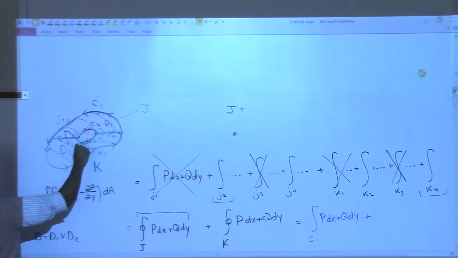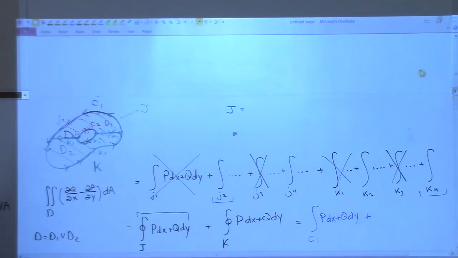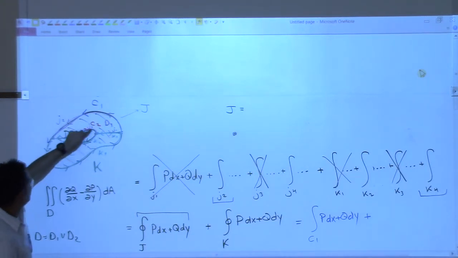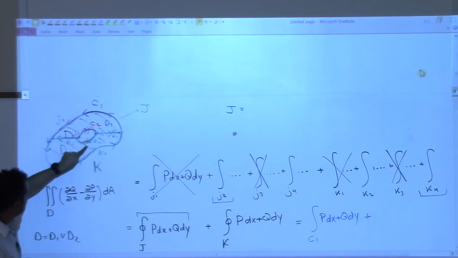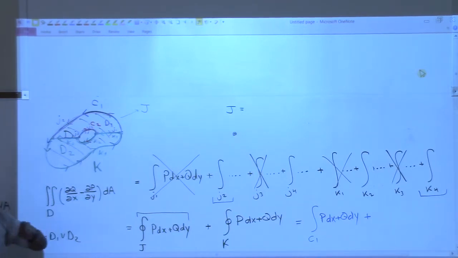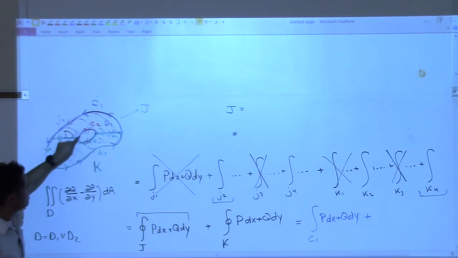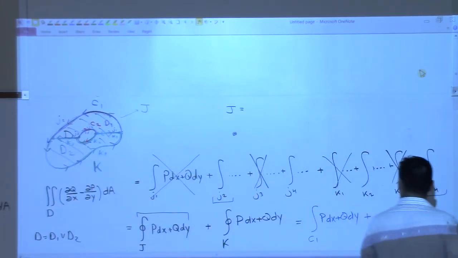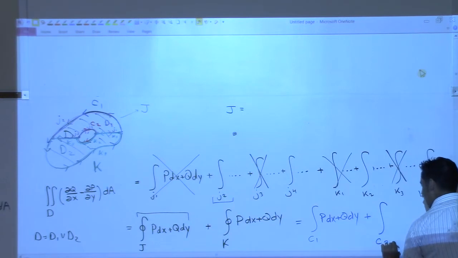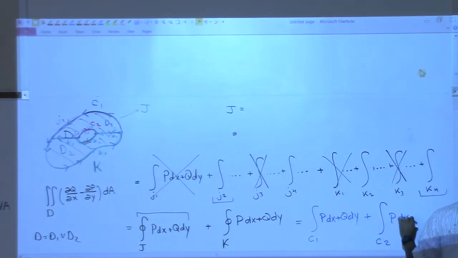J4 along with K2 is what? Oh, sorry, I'm going like this. I meant J4 along with K2, right? Is what? Not C2. Well, wait, hold on. I drew C2 in that direction. So isn't that C2? Yeah. So we're done.